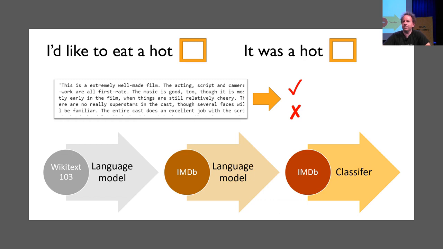The English language, particularly with movie reviews, because these are online movie reviews on IMDb, people can often use sarcasm. It can be really quite tricky. So for a long time, until very recently, like this year, neural nets didn't do a good job at all of this kind of classification problem.